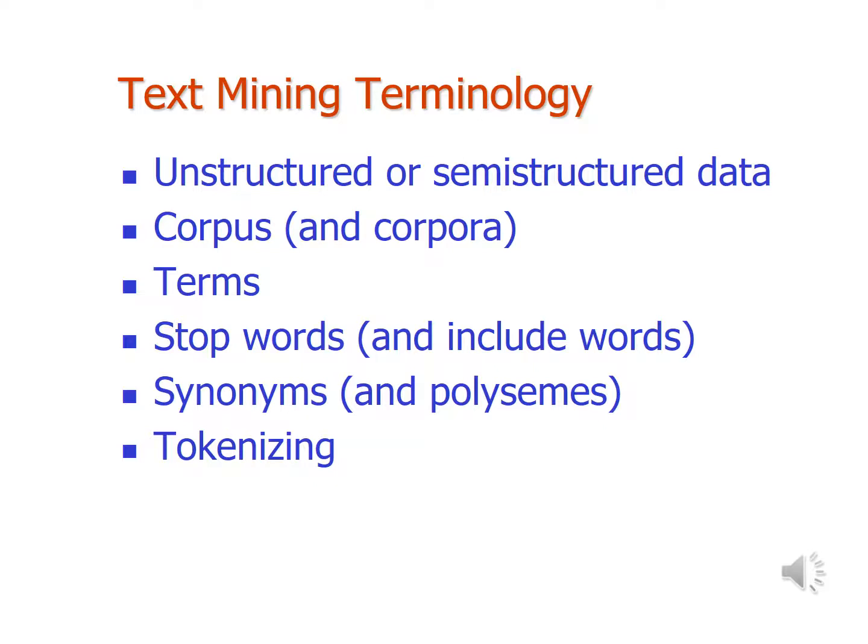And then tokenizing is where, once you go through a text set and identify what all of the terms are, you can turn those into tokens and you can start counting those tokens. That becomes a very useful process for identifying what are the most common words in a text file or a text set, and what does that actually mean.